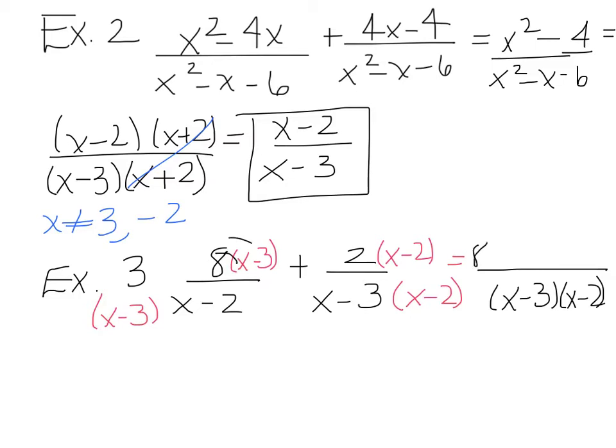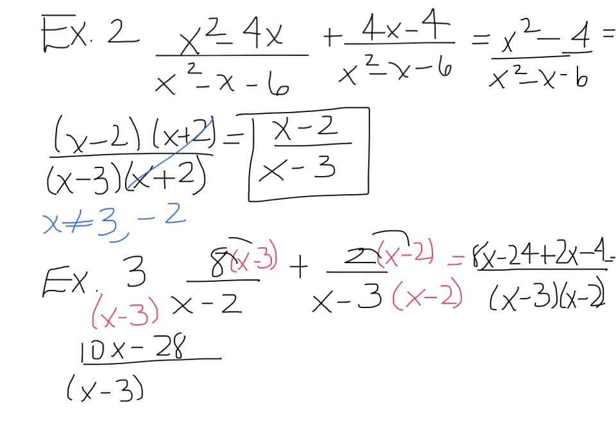So you'll get 8x minus 24 plus 2x minus 4. And then you combine like terms, and you'll get 10x minus 28 over x minus 3, x minus 2.